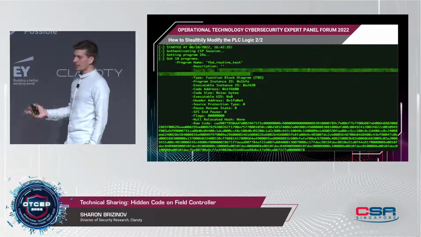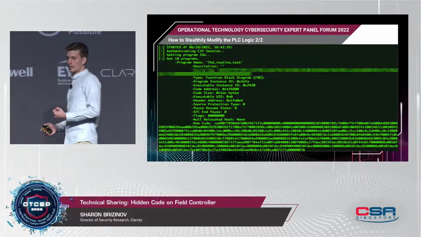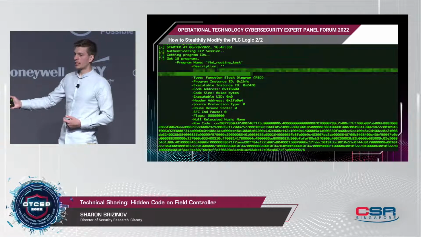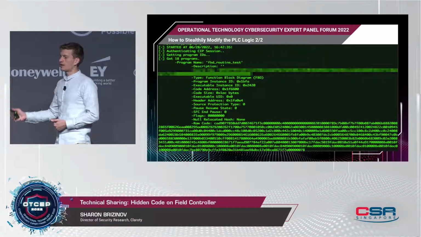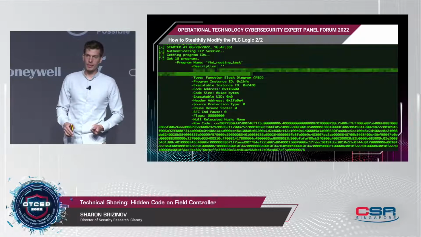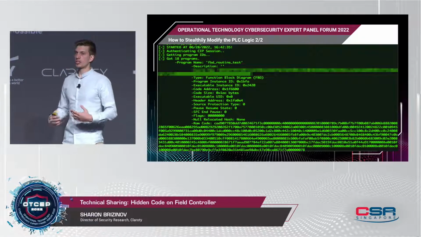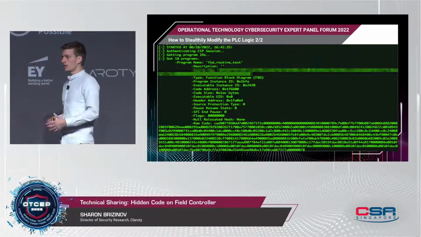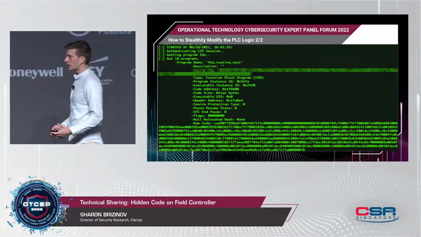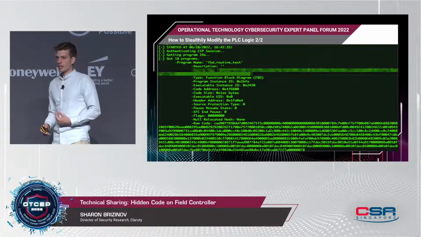What you can see here is a query in which I ask the PLC, hey, can you give me information about this specific program? In other words, I was able to recreate the entire engineering workstation logic and implementation and rewrite it myself.